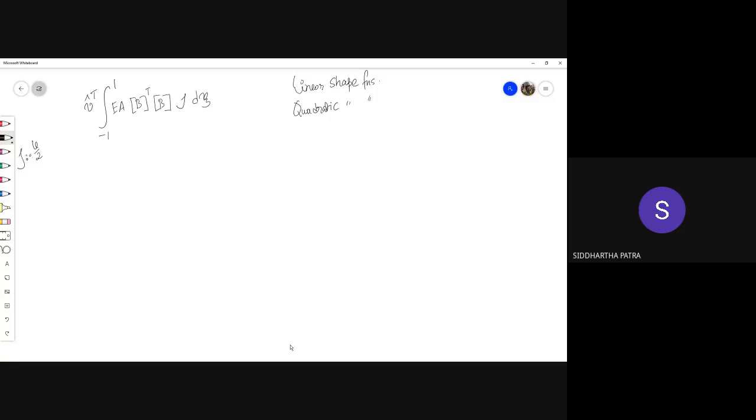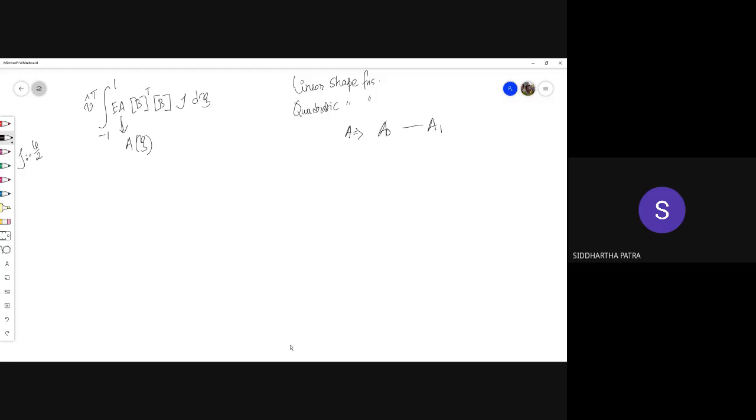In this case, this A is so far a constant, but I might as well choose it to be a function of xi. That is the only difference that is going to be there. Since you mentioned this, I want you to find out the stiffness matrix for a bar whose cross section goes from A0 to A1.